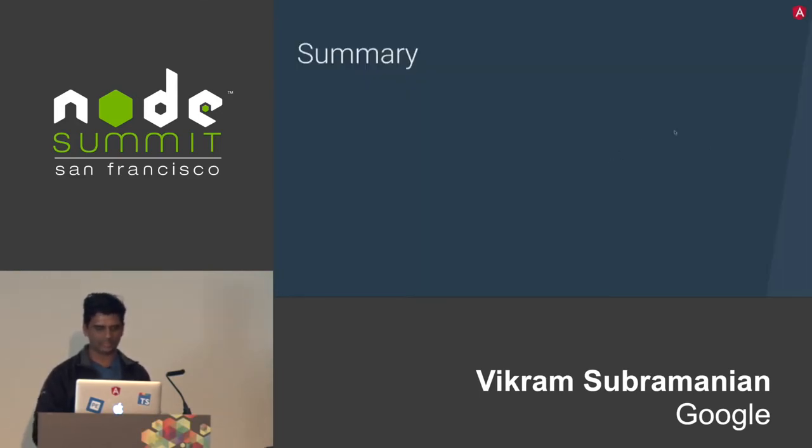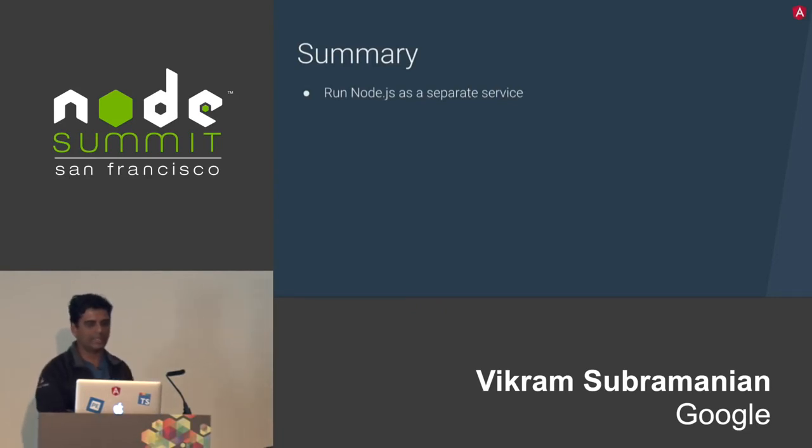So to summarize, and create one slide with lots of words in it. The things we did were to run Node.js as a separate service. We initially thought this might be a problem, but in the end it didn't turn out to be much of a problem.